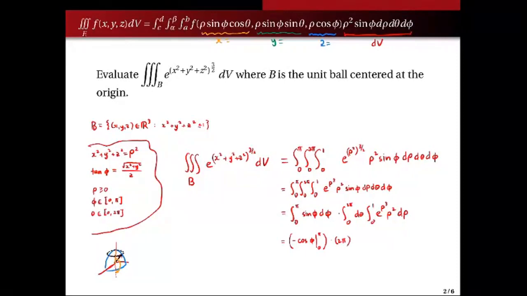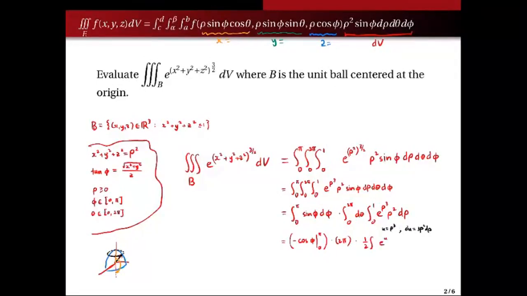And then for this guy, you do your substitution, u equals rho cube, du is equal to 3 rho squared d rho. And you will have 1/3 integral e to the u du.